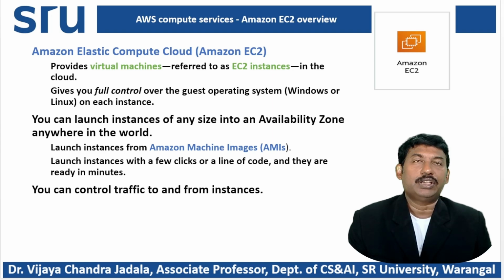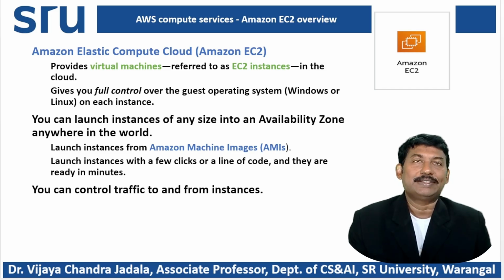You can launch instances of any size into availability zones from anywhere in the world. No restriction of a particular system, no restriction of on-premises work. You can work from anywhere all over the world.